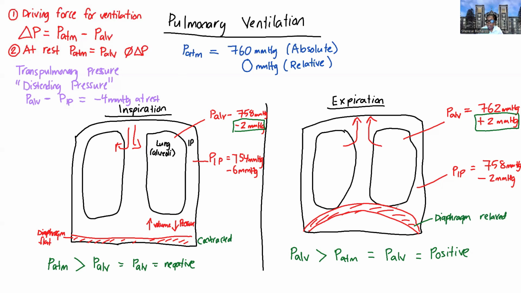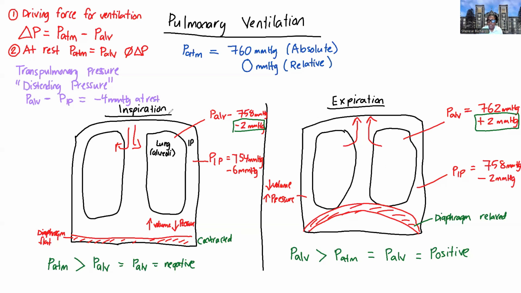So again, when we make the cavity smaller, that makes the volume go down over here. So here, volume goes down, which makes pressure go up, which is why it's positive here. So that Boyle's law, together with the descending pressure, together with our pressure gradient, all of those factors come together to allow for the cyclical process of ventilation.